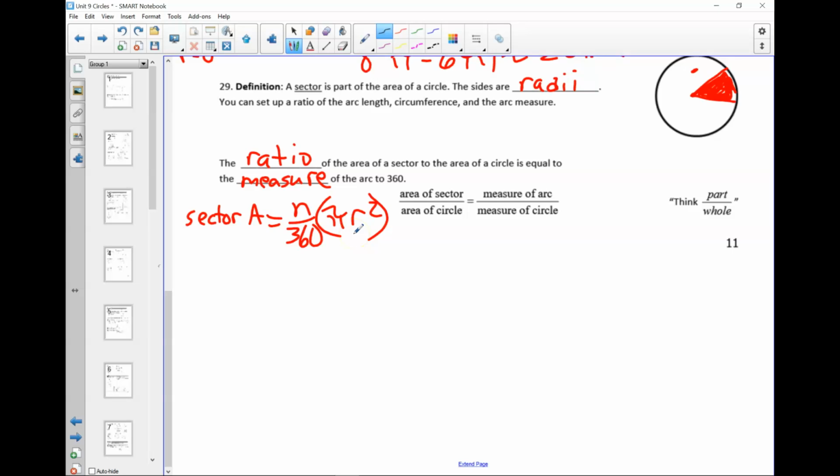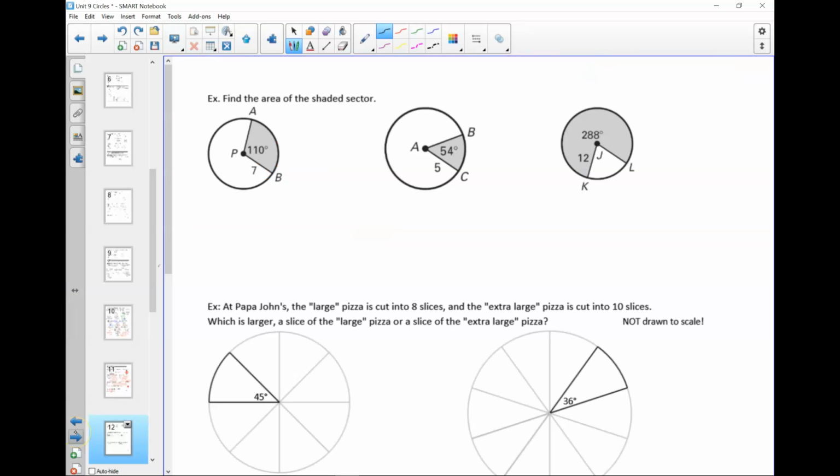Okay? We're not going to set up a proportion. You can do area of sector over area of circle equals measure of arc over measure of circle. Always think part over whole when you're setting these up. But just set up the formula as we say. So on the next page, let's look at some examples.